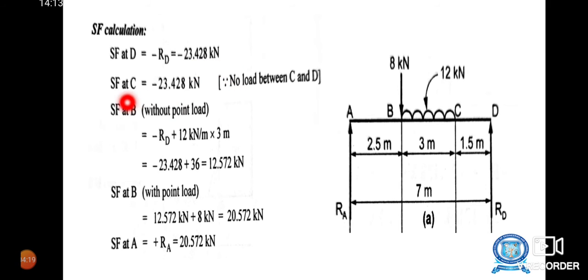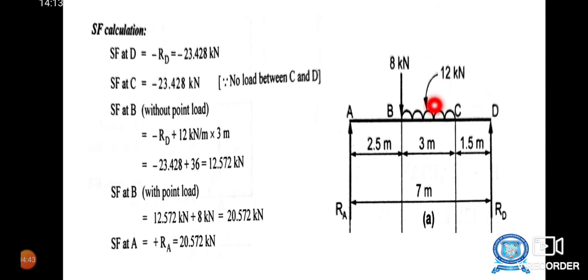Next, shear force at point C. No load is applied at C, only the reaction force, so minus RD, that is minus 23.428 kilonewton.